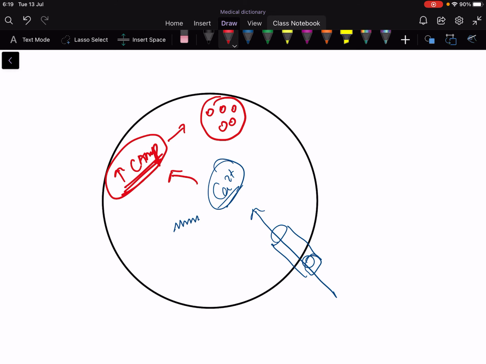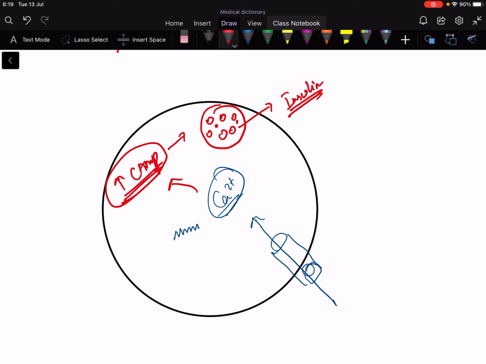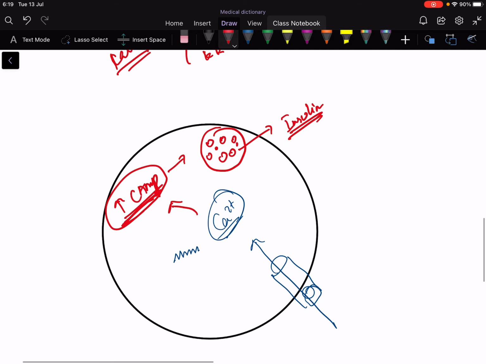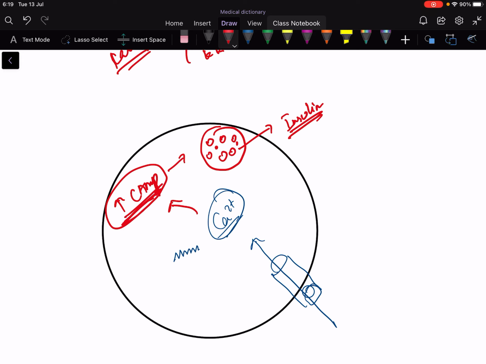As you can see, there are granules here which contain insulin inside it. Insulin is present in these secretory granules. So this increase in cyclic AMP will release these secretory granules and insulin is released outside.